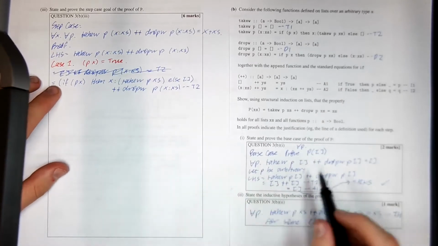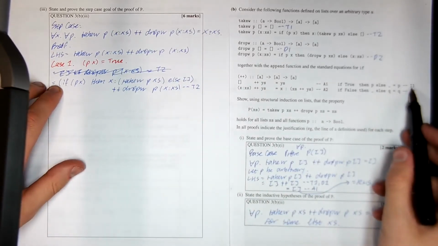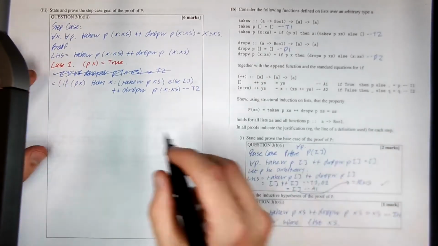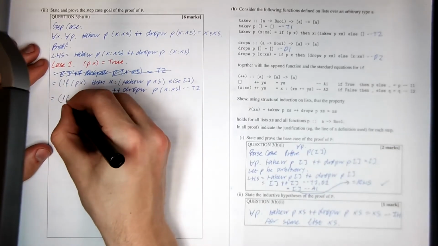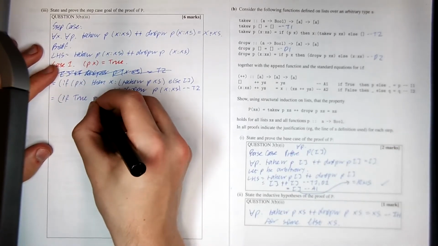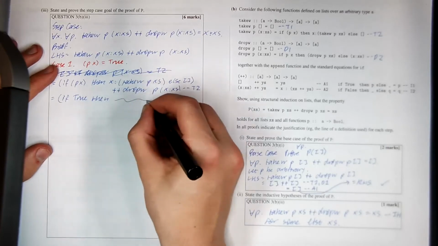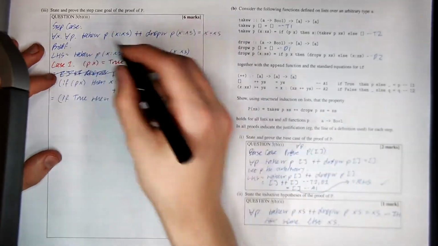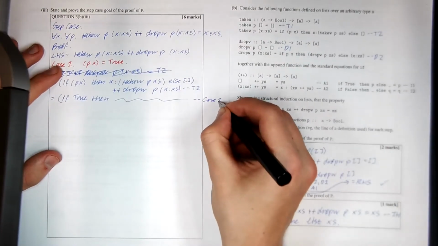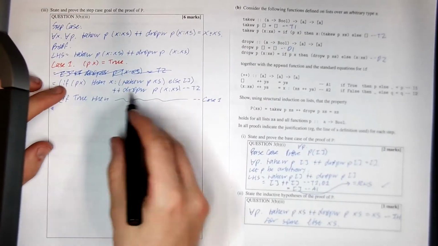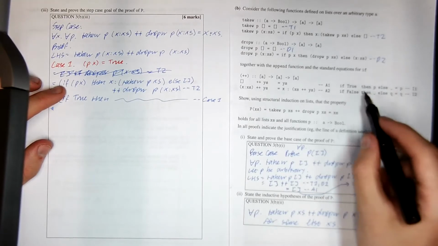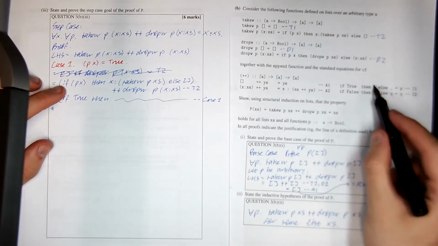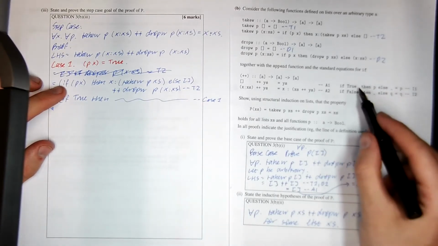Afterwards I apply I1 because I know P of X is true, or being really pedantic, if true, then, and write the same thing again, by assumption, or case 1 perhaps. Then I can replace this big if statement with the first term, because we know it's true.